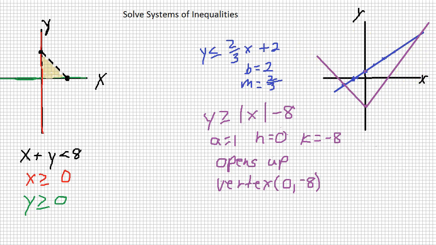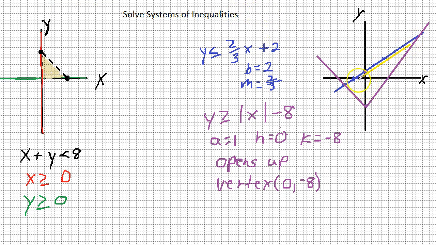Now, our shading. We'll use a yellow. We are below the blue line, and it says above the purple, so that means it's inside this triangle. Now, these are both what are called bounded regions. What does that mean?